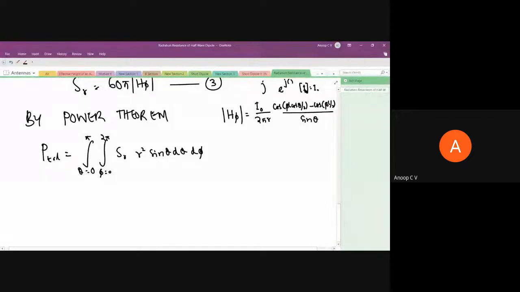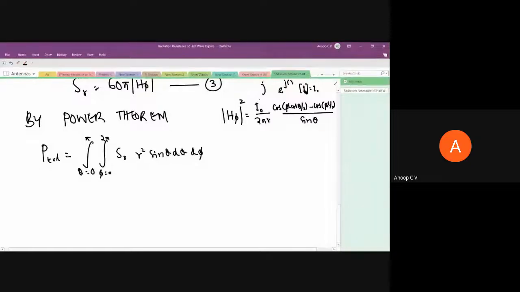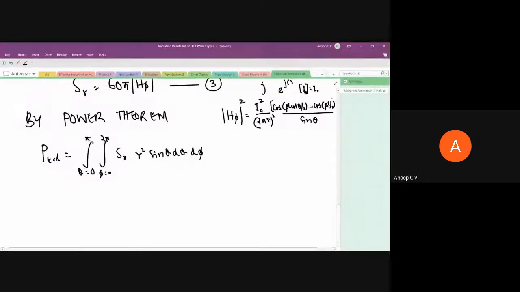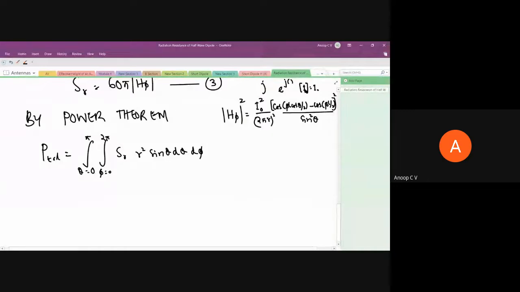This is H phi. So what will be mod of H phi square? It is the square of this: I naught square over 2 pi r the whole square, times cos of this square, divided by sin square theta. So this is mod of H phi square, and we have to simply substitute that here. That's it.